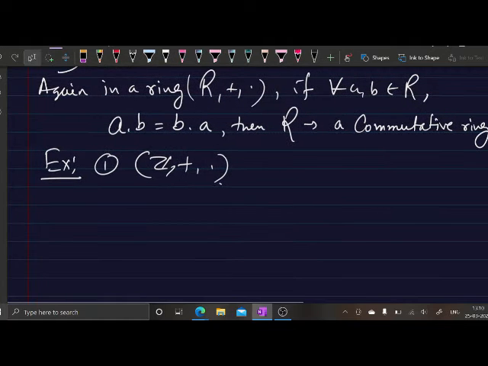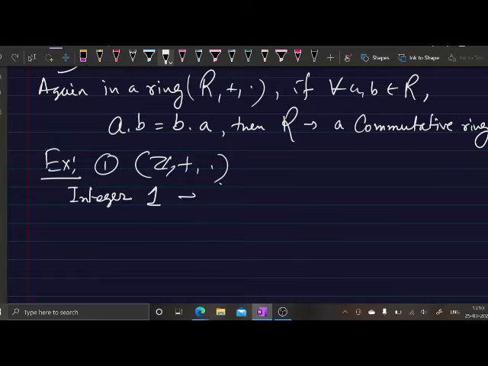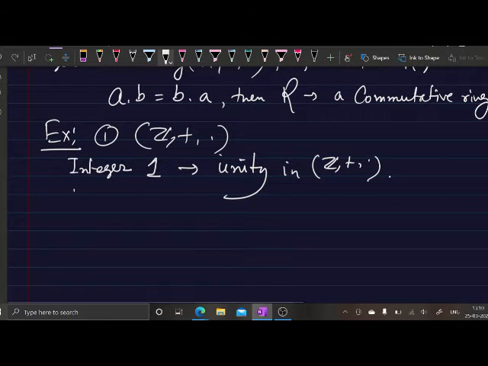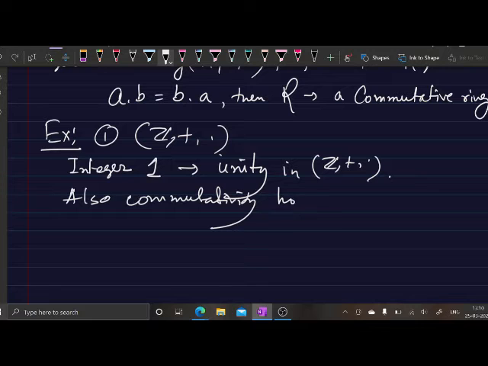You will find that the integer 1 will be the unity in Z plus dot, and also commutativity holds in Z plus dot.